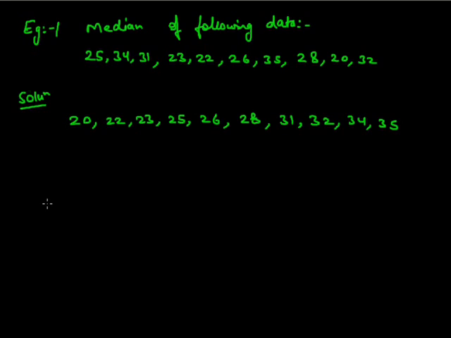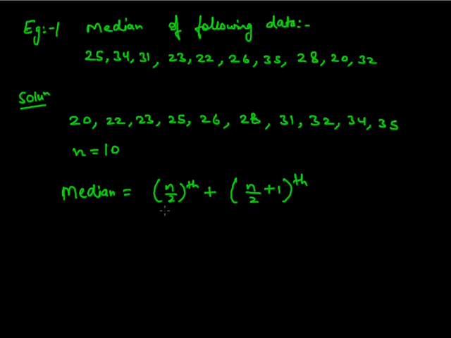As we have arranged the data in the ascending order, now we will see the value of n, that is how many observations are there. If you count all the observations, you can find the number of observations here is 10. As we have already seen, whenever n is even, the median will be the n by 2 observation plus the n by 2 plus 1 observation, divided by 2.